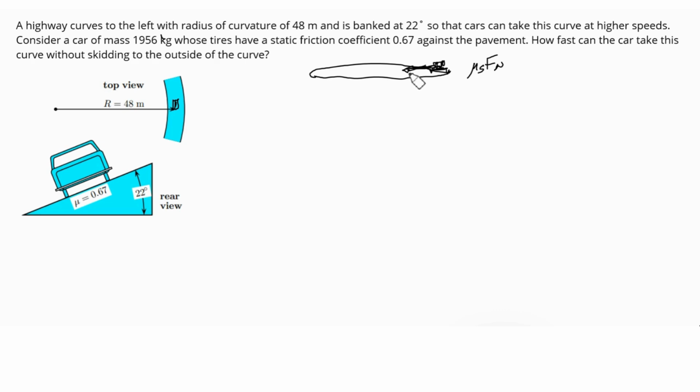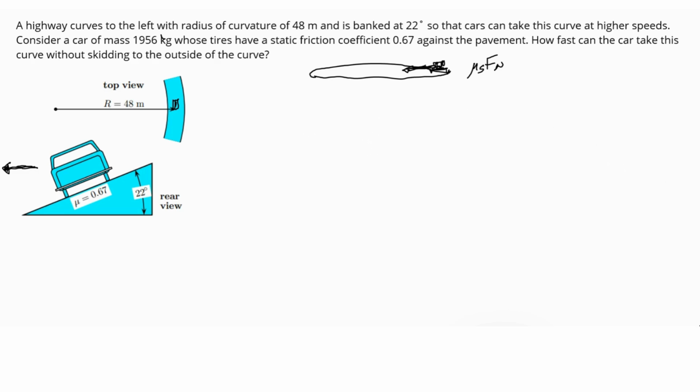And what we want to do in the case of a banked curve is you see that the centripetal acceleration is in that direction, so the normal force here contributes a small component towards the centripetal force, allowing a larger centripetal force and hence a larger velocity around the track.